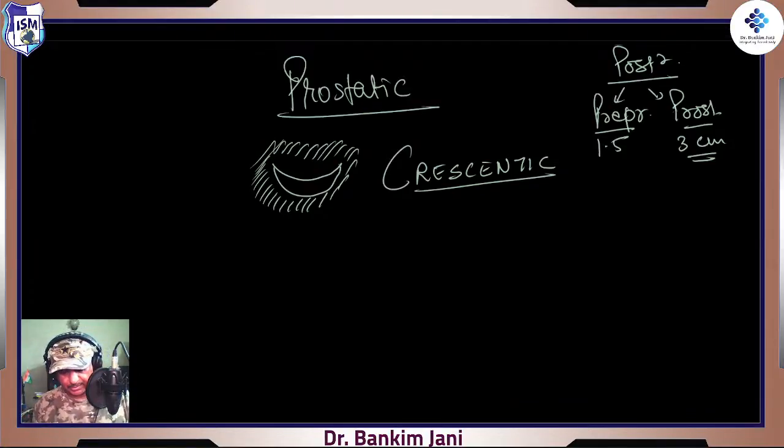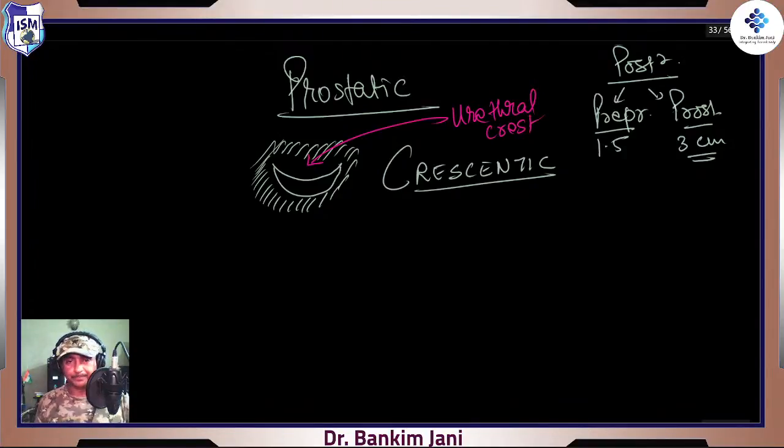And that's the reason over here there is what is called the urethral crest, right? When we study the prostate, we'll see that there is a urethral crest. That is the portion where the urethra is like a crescent. Now on both sides of the crest, there is a depression. That is what is called the prostatic sinus.